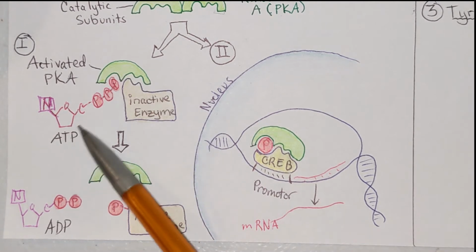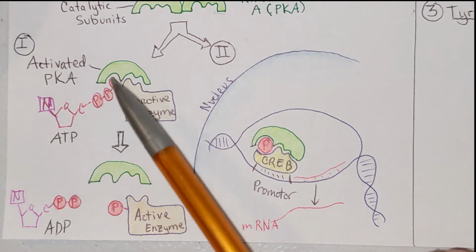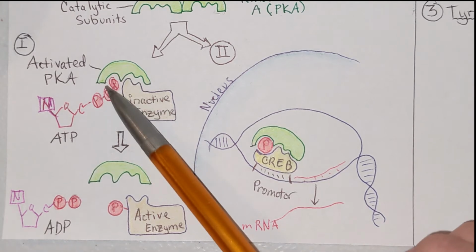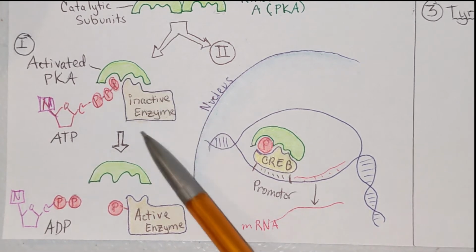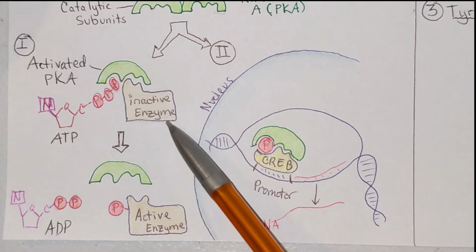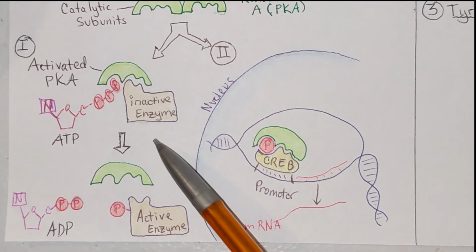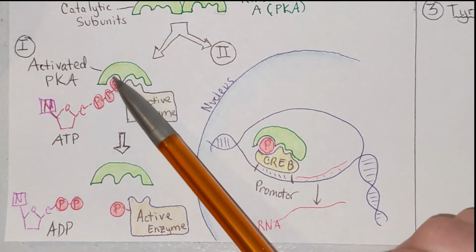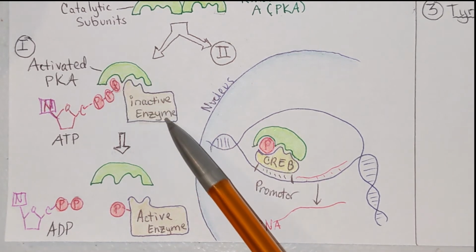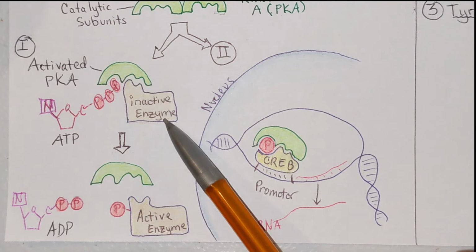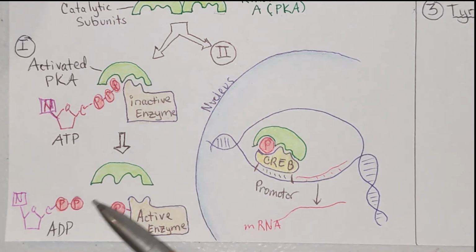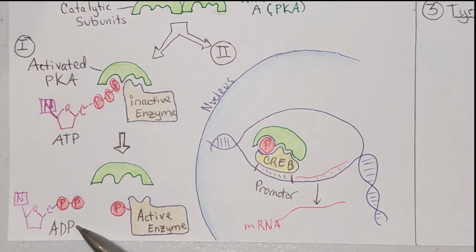Okay, so here we can see once again this ATP, 1, 2, 3 phosphates, the ATP, and an inactive enzyme. And again, this depends on what the cell actually is, what the effect of this hormone is. Okay? And one of these phosphates is removed and added to the enzyme. Okay? Ultimately, this is going to leave us with an ADP, right?